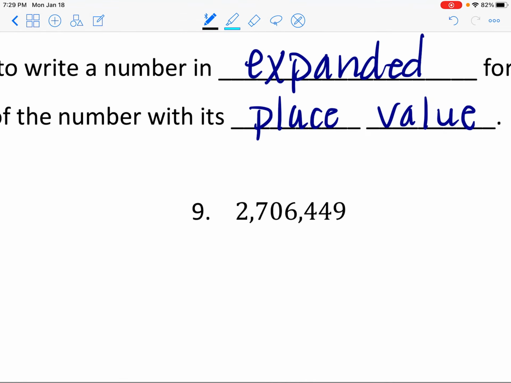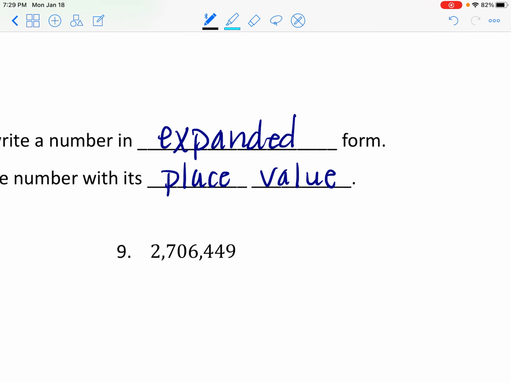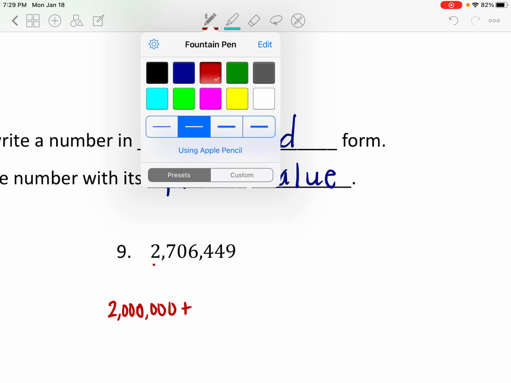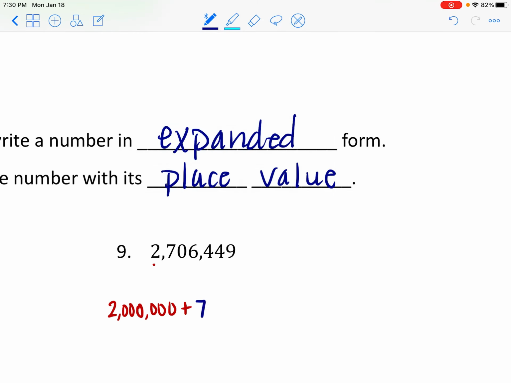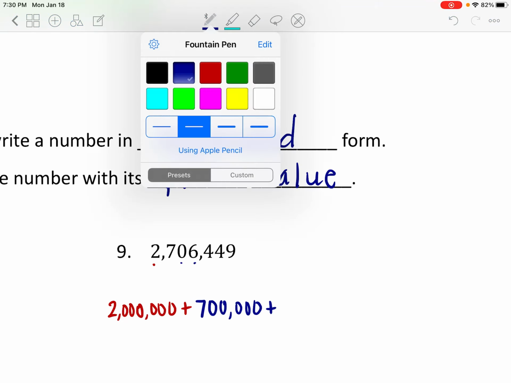Okay, so here we would say that this is going to be 2 in the millions place. So 2 million, plus we have 7 that is in the hundred thousands place. So 700,000 plus, we have nothing in the 10,000s place, so we can skip that, but we have 6 in the thousands place.